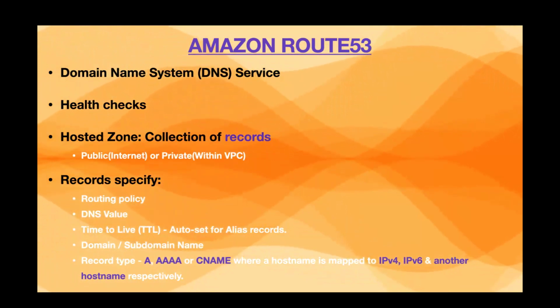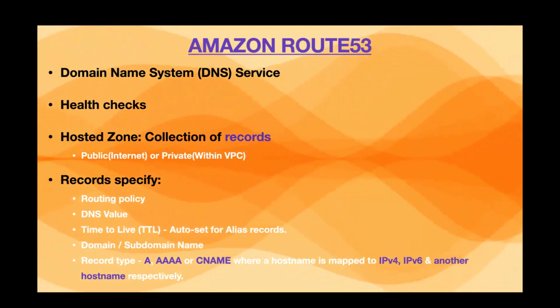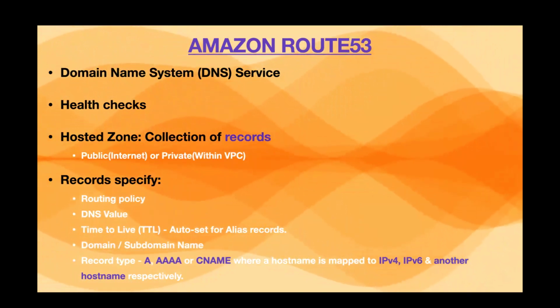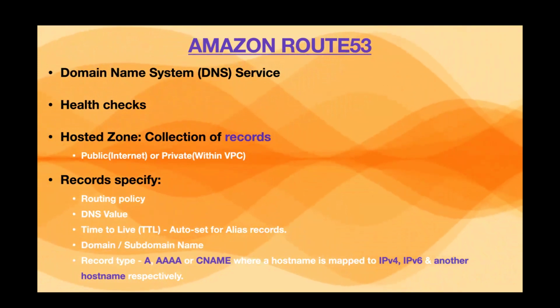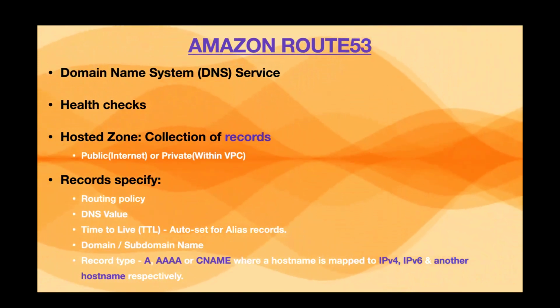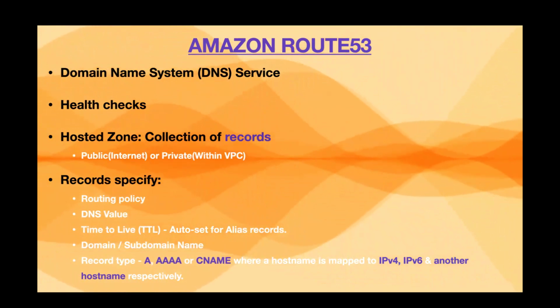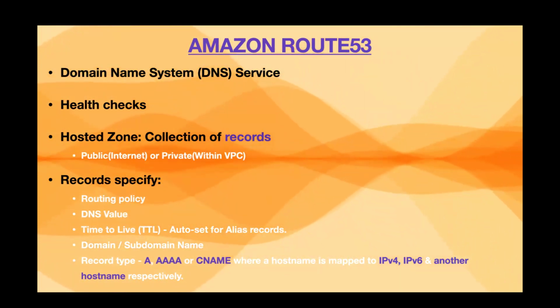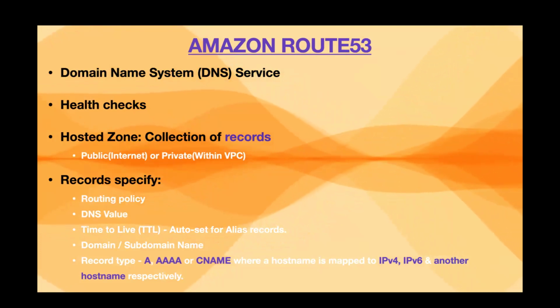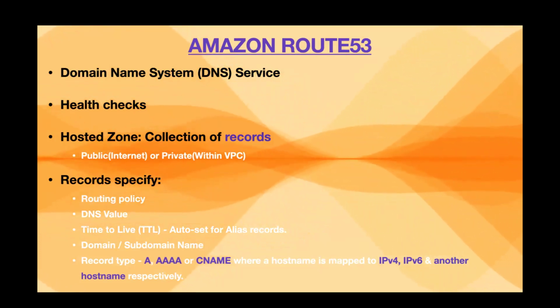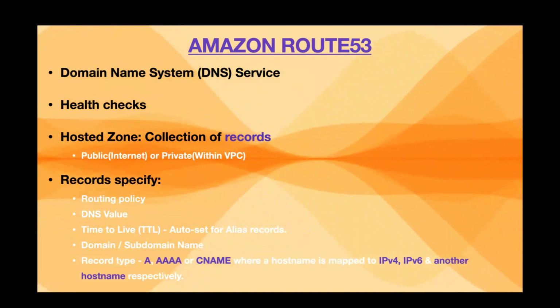Most of the time, the trick people use is that anytime you want to update your records, you reduce the time to live to a very short period. After it is updated, you increase the time to live again, because you pay for every query, so that reduces the cost.